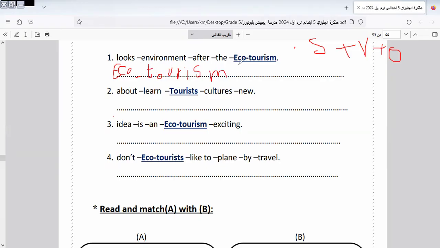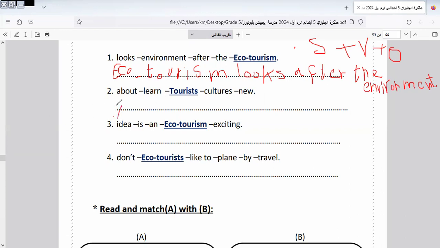Ecosystem what? Looks after the environment.